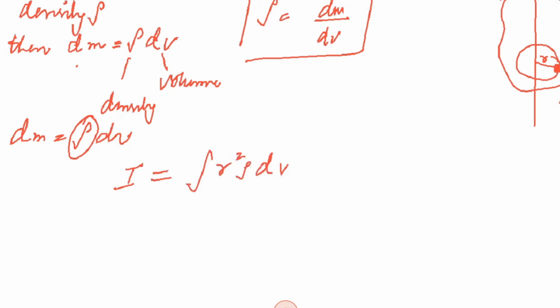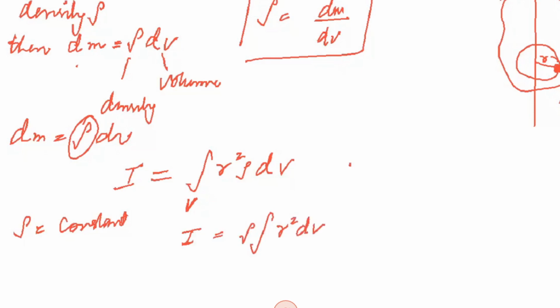Now if density rho is constant, we can write the moment of inertia is equal to rho times the integral of r square dv.